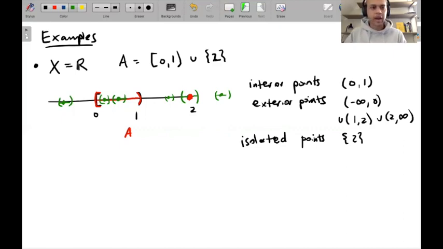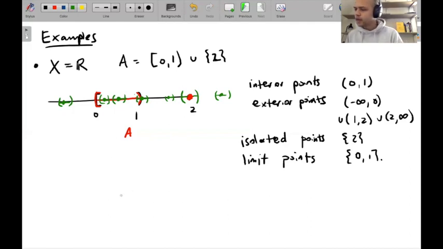So that's being isolated. And the rest of the points are limit points. So which points haven't we covered so far? Well, that's 0 and 1. And so by definition, these have the property that any open set around 1, no matter how small you choose it, is going to contain points of A and of A complement.